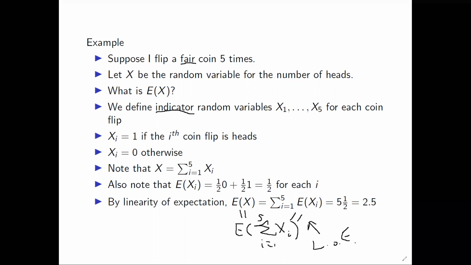So the expectation of that sum is the sum of the expectations. And each of those expectations in the sum, the E of xi, is just 1/2. And we have a total of 5 terms in the sum. So we get 5 times 1/2, and this gives us 2.5. That's the same number we got last time, but this time we got it a lot more easily because we just multiplied 5 times 1/2. So linearity of expectation is pretty useful.